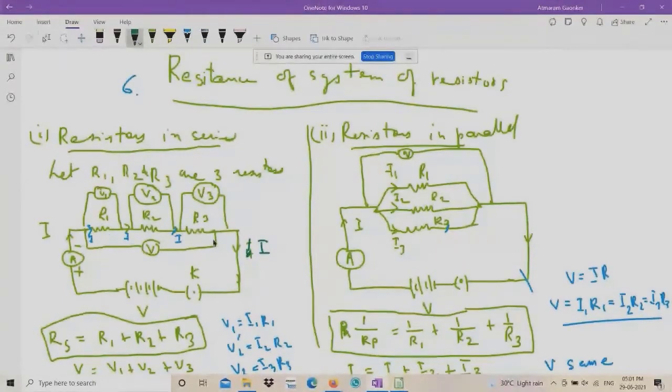Across the three resistors, or across the battery, a voltmeter is connected to measure the total voltage. This V will measure the total voltage, and the ammeter will measure the total current. V1, V2 and V3 are three more voltmeters. V1 will measure voltage across R1, V2 across R2 and V3 across R3.